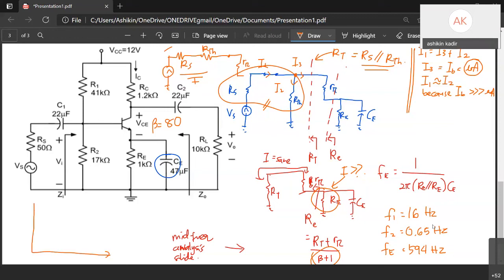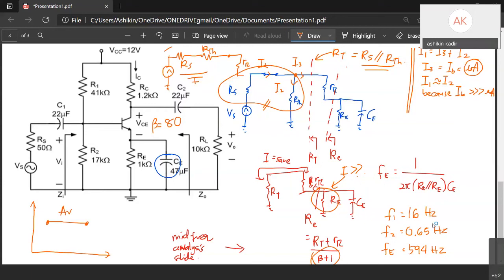Previously, you did the mid-frequency analysis where you get almost constant gain, AV. But then you also have the effect of the capacitors used in the circuit, which couldn't provide you fixed gain, so the gain will vary.